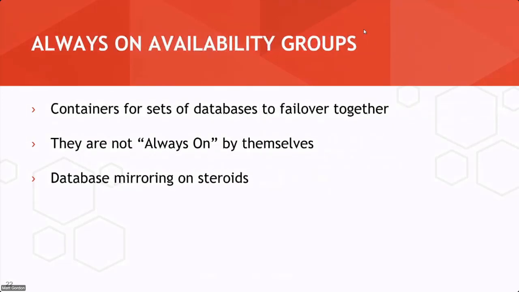Always On AGs. So what these are, containers, and not in the sense you're hearing containers now. It's just basically groups of databases that can fail over together. It's not Always On by itself. What it really is, is database mirroring plus. So it does a lot of those same things.